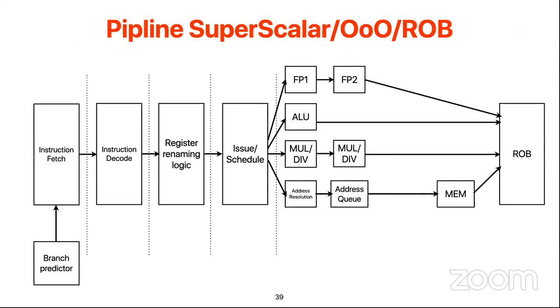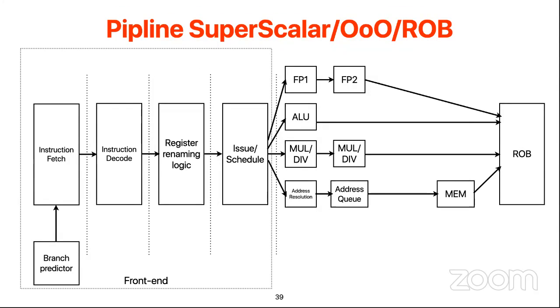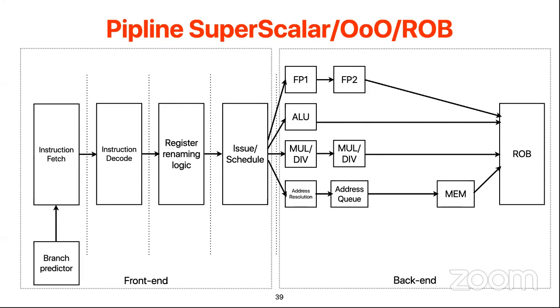It has a decoupled front end and back end, in which your front end just keeps feeding and scheduling instructions, and the backend is trying to digest those instructions. As long as you have an unlimited or big enough reorder buffer, it shouldn't affect your front end performance.